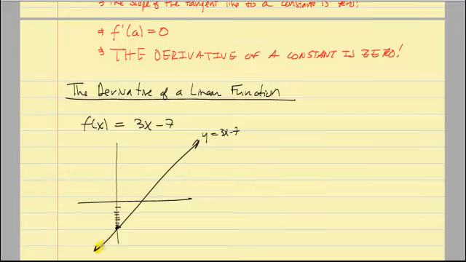Now, if you think about the tangent line here, the tangent line to a line is just going to be the line itself. So the tangent line, which is in yellow, will have the same slope as the line itself.